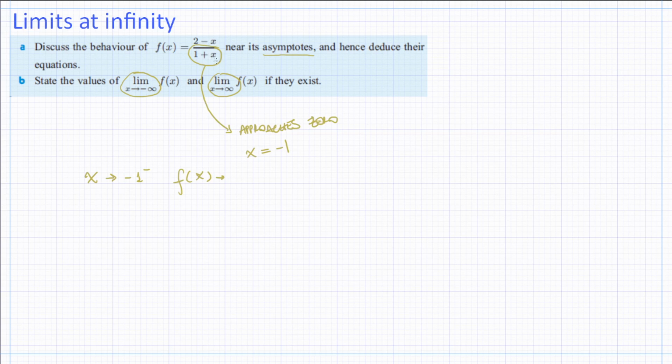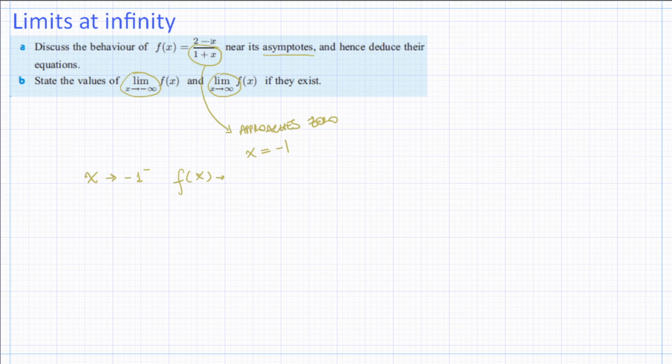So let's see. I would be making this number very, very small. And this number on top, would it change very much? Well, the part here on top, if I'm going towards x equals negative 1, I would have 2 minus minus 1. So this here on top would actually be approaching 3.